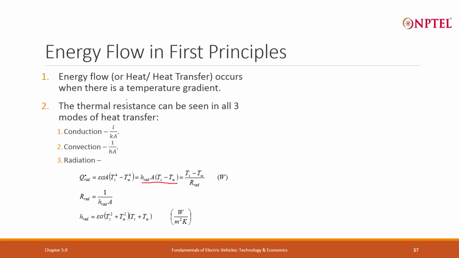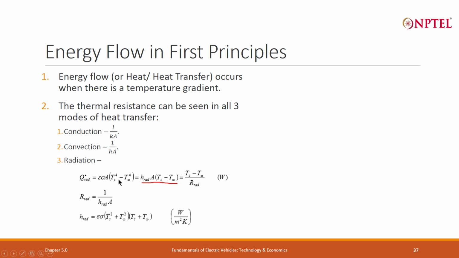Thermal resistance for conduction becomes 1 by Ka, for convection it becomes 1 by Ha, and for radiation it becomes 1 by H radiation into A, where H radiation is equal to epsilon sigma (Ts square plus T infinity square) multiplied with (Ts plus T infinity). Here you have Ts to the power 4.